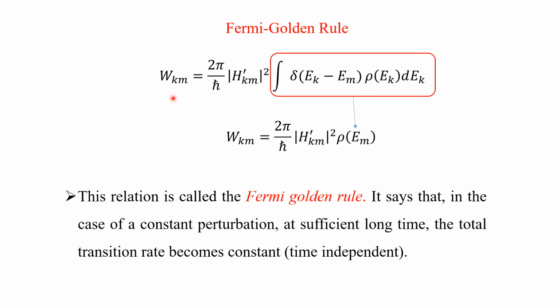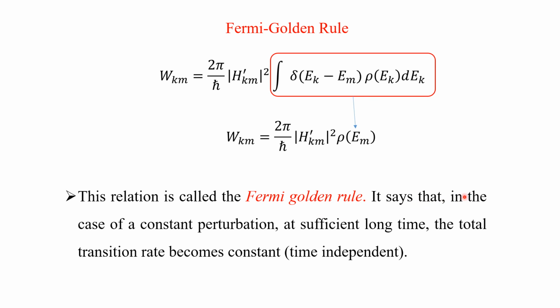So the total transition rate W km is equal to 2 pi over h cross, modulus square of h prime km, integral delta ek minus em rho of ek dek. This integral exists only when Ek is equal to Em. So this can be written as rho Em, where Em is the initial energy state. This relation is called the Fermi Golden rule.